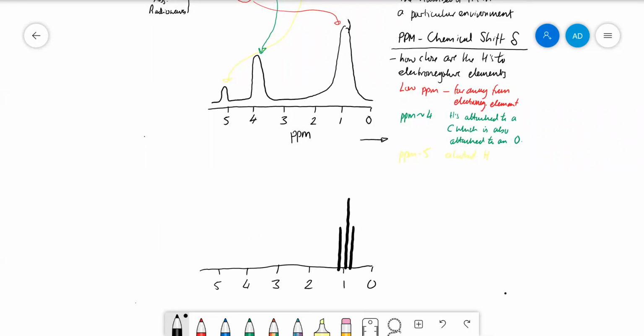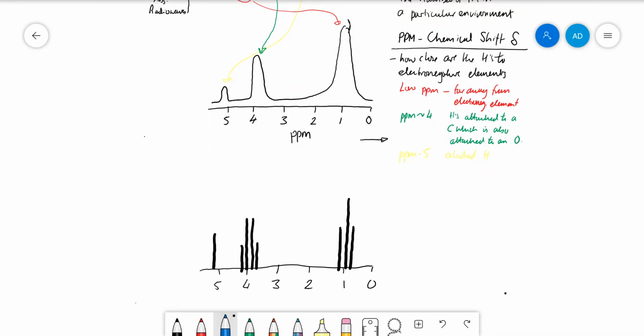The one at 4, the CH2, is split into 4 peaks. And the OH one isn't split at all, that's just 1 peak.